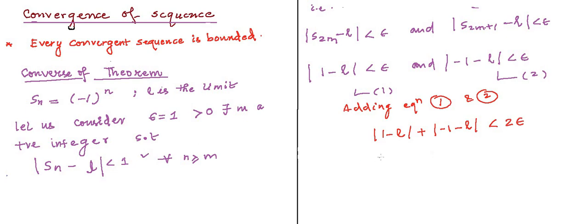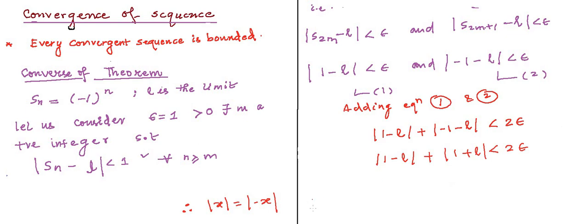This can be written as mod 1 minus L plus mod 1 plus L, because according to the identity we know that mod x is equal to mod minus x. So the minus has been taken out, and that's why this can be written as mod 1 plus L, lesser than 2 epsilon.